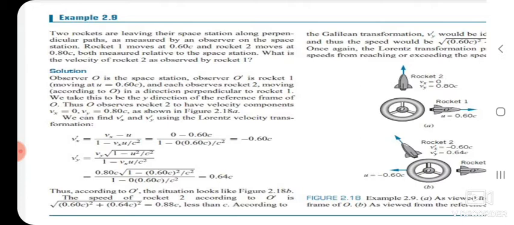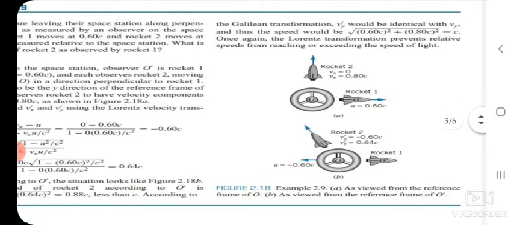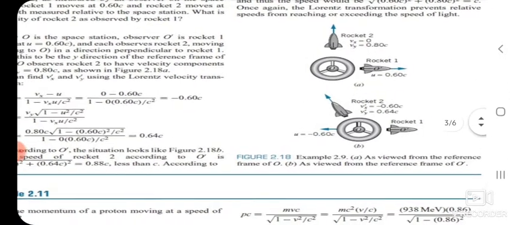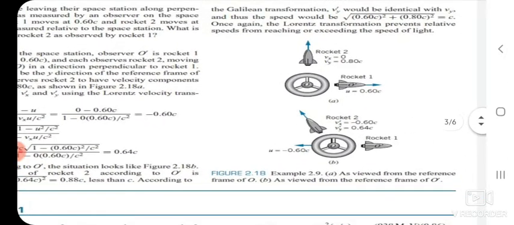According to the Galilean transformation, Vy prime would be identical with Vy, because there is no variation along y and z, that's why y is equal to y prime, z is equal to z prime, Vy prime is equal to Vy, and Vz prime is equal to Vz, and thus the speed would be square root of (0.6 c) square plus (0.8 c) square, which is equal to c. Once again, the Lorentz transformation prevents relativistic speed from reaching or exceeding the speed of light.